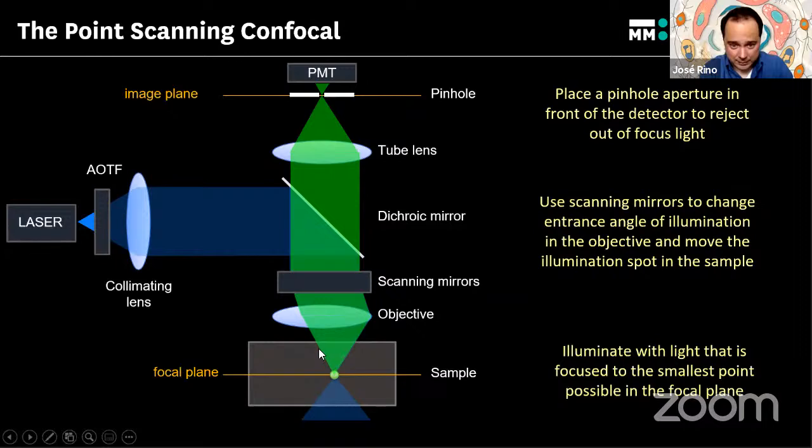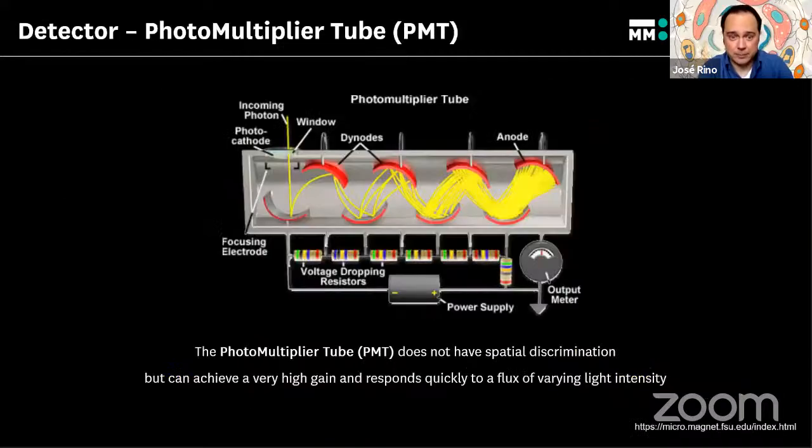The light that is emitted by that point will be captured by a PMT after going through the pinhole to make sure that we are rejecting light coming from planes above and below the focal plane, and we will measure those photons, we will quantify them, and we get an intensity value that we will use to build an image. So we have no camera, we don't take photographs with the confocal microscope, we build an image on the computer pixel by pixel.